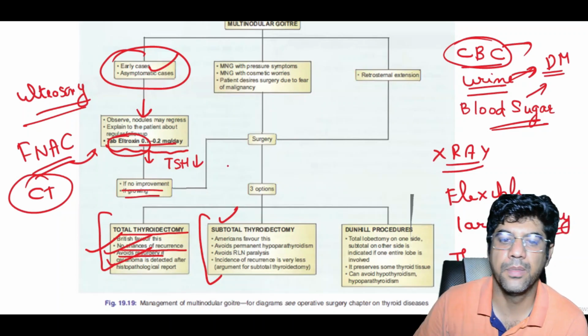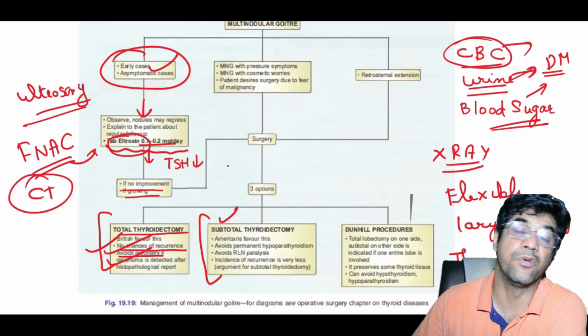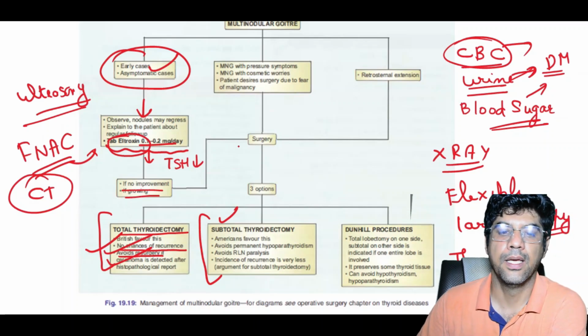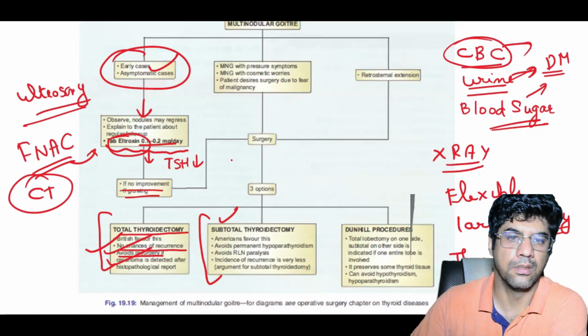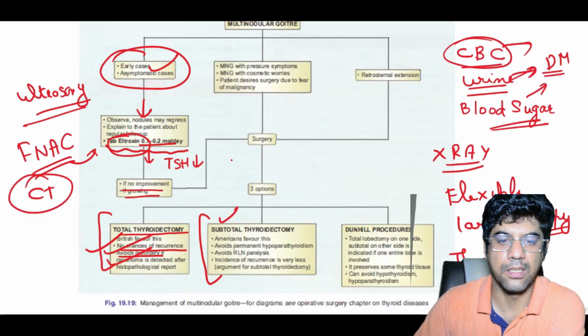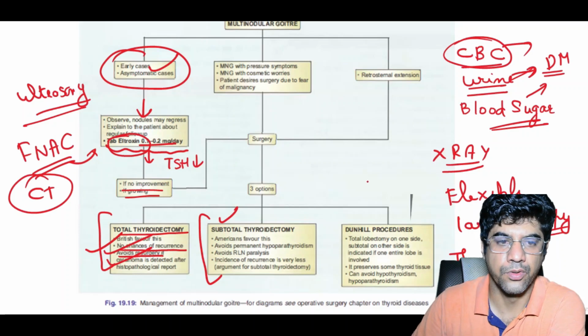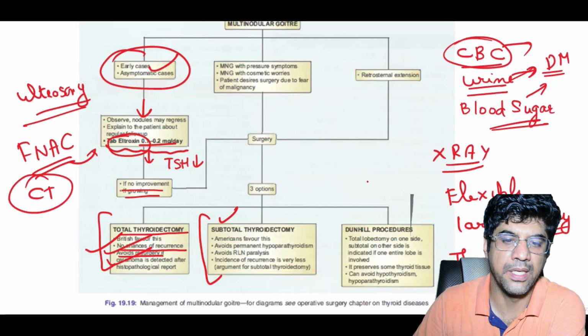So this diagram represents the management approach for the multinodular goiter. Remember, in the initial presentation, these multinodular goiters are asymptomatic and detected incidentally. So you have to observe the nodules as they may regress over time.